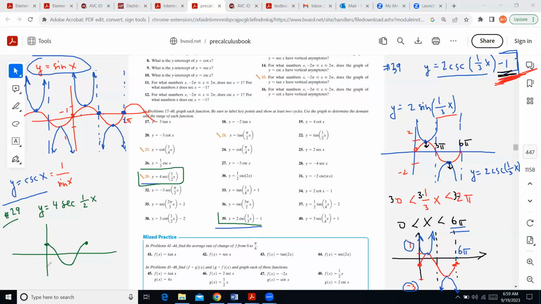So first of all, I see the amplitude is going to be 4 because we're multiplying by 4. And then I need to put 1/2 x in this bracket in between, as usual, 0 and 2 pi. So whatever the argument is, I just automatically have it in between 0 and 2 pi, just like I did with the sine function.